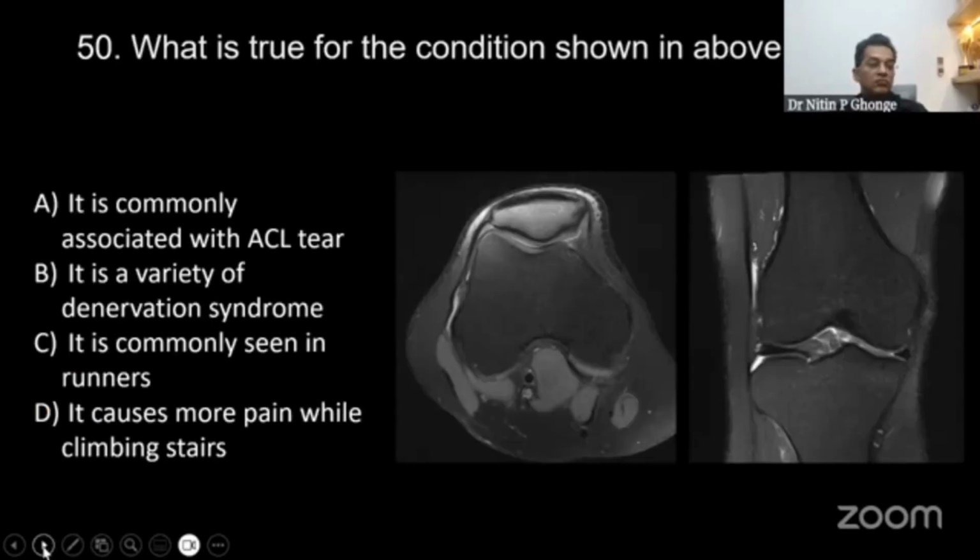Given is typical of iliotibial band friction syndrome, commonly seen in runners, especially untrained runners injuring the iliotibial band.